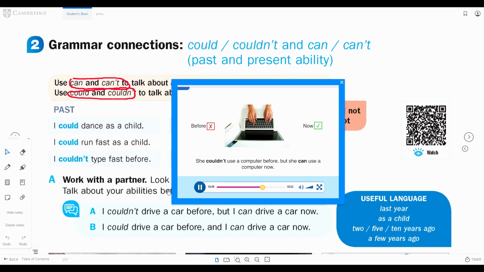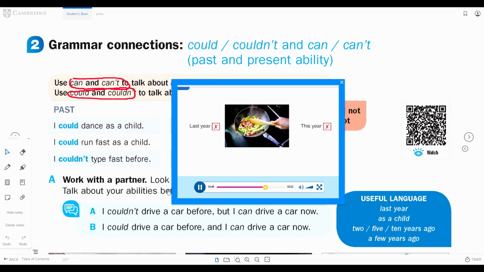She couldn't use a computer before, but she can use a computer now. They couldn't cook last year, and they can't cook this year.